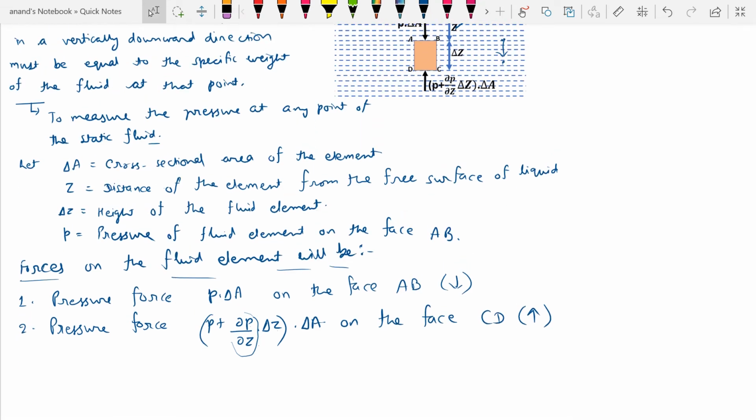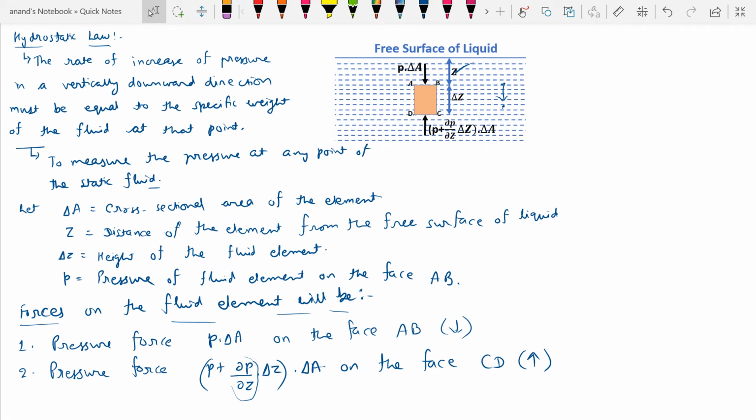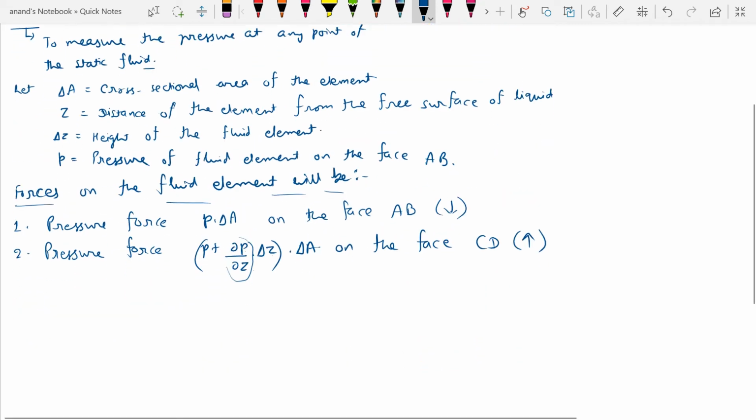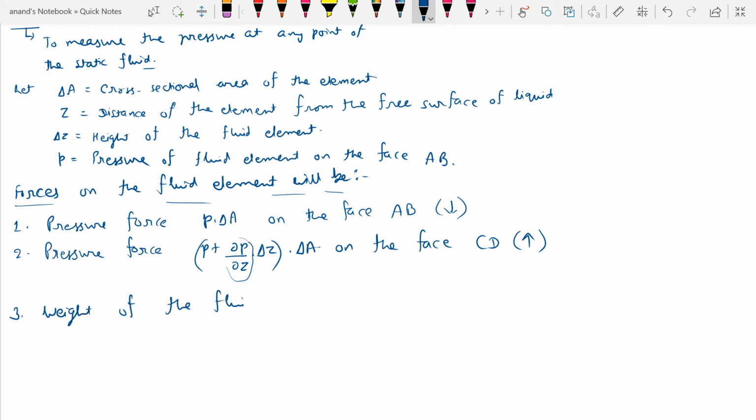The next force which will act will be the weight of this fluid element itself. Weight of the fluid element W can be given by weight density or specific weight multiplied by volume.